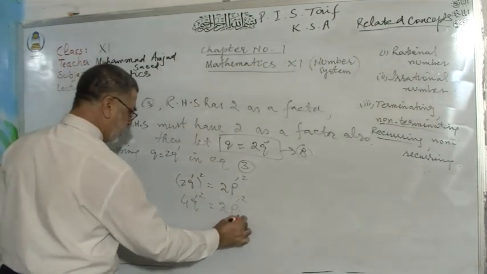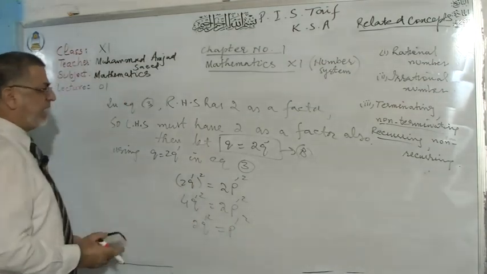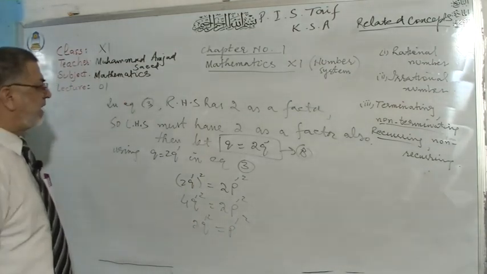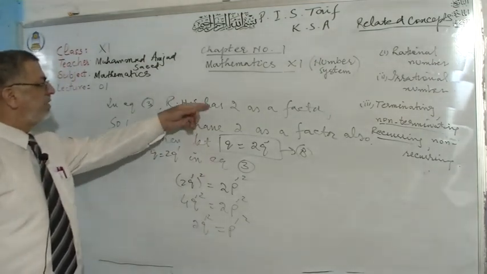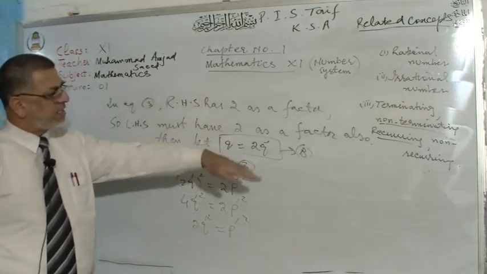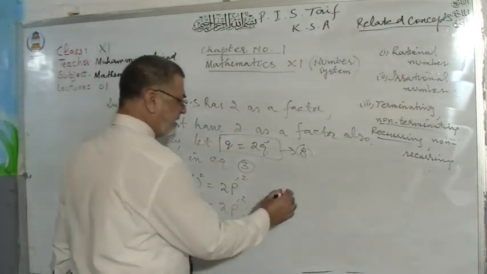That is p dash square is equal to 2q dash square. So you can see that even though we have changed the number and applied the rule that 2 is a factor of the left or right hand side, it will be similar for both.